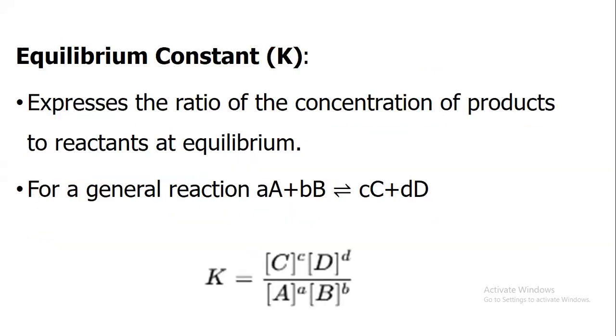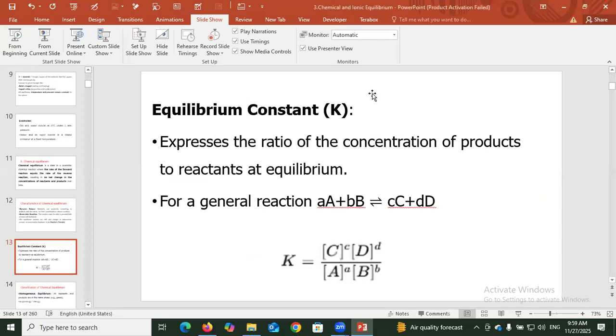Equilibrium constant K expresses the ratio of the concentration of products to reactants at equilibrium. For a general reaction A and B gives C and D, K equals C and D over A and B.